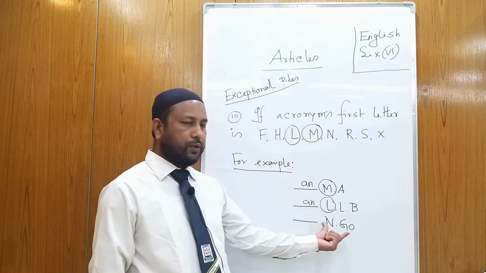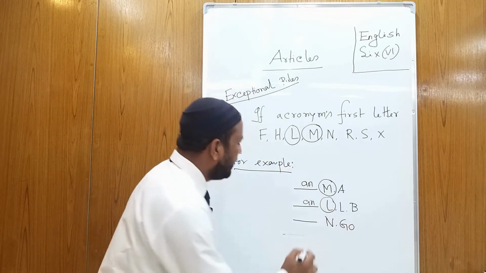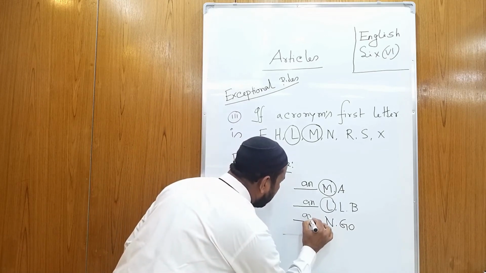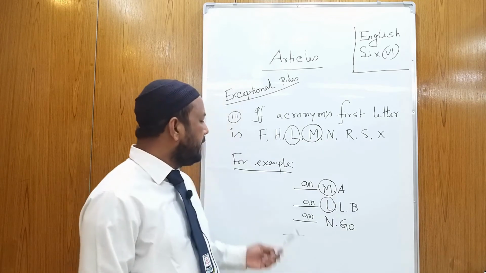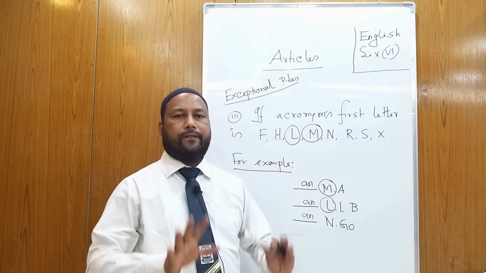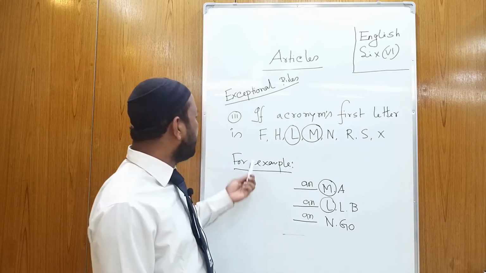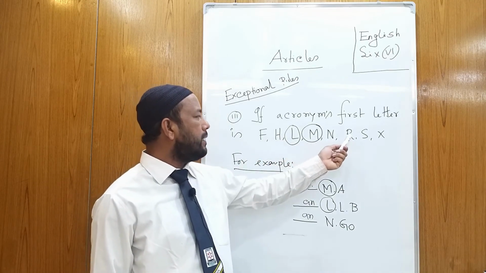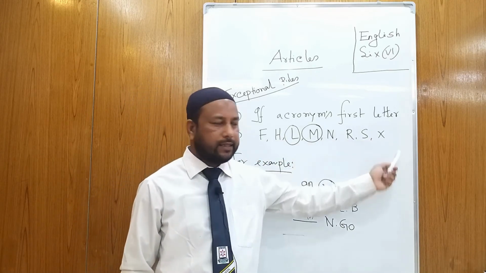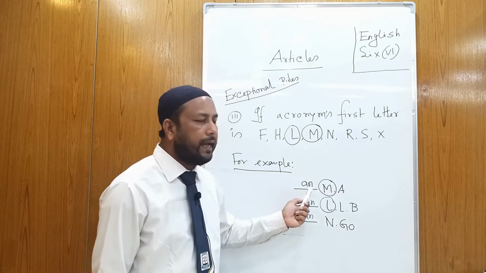Similarly, NGO, non-government organization, here you can also use "an". I think it is clear to you: if any acronym's first letter is F, H, L, M, N, R, S, X, you have to use "an".